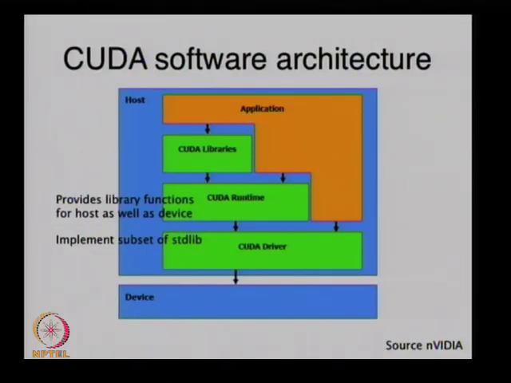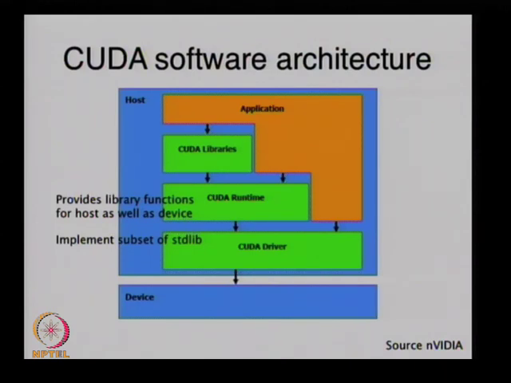The software architecture is basically somewhat of a rehash of the same thing I told you about. There's an application sitting at the top. It can talk to CUDA libraries, which would be the most common usage, which in turn will talk to the runtime, and then the runtime will be talking to the driver, and the driver knows how to talk and interact and synchronize with the GPU, okay?